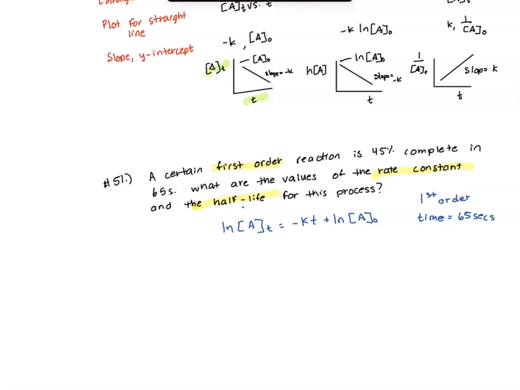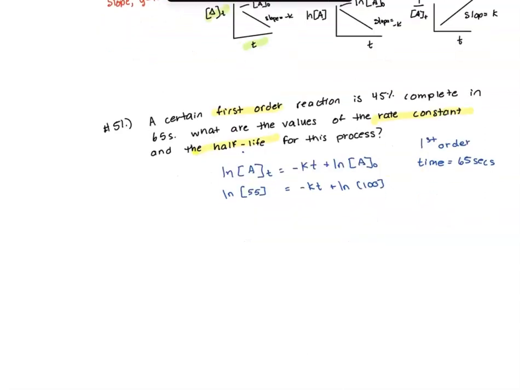So we want to have that as our concentration. So let's put concentration on this side, 55. And then we want to set up our initial concentration as the 100. So then it'll be 100.